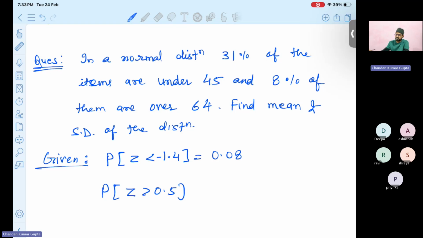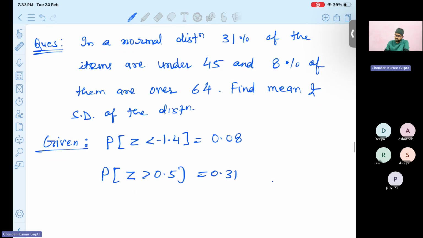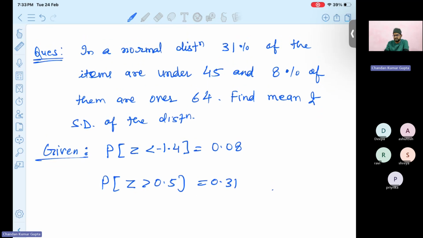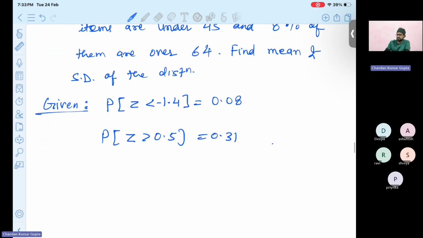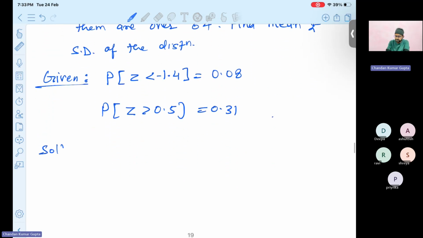I have written them directly here. Both are given in the question. So we need to find the mean and variance. It's a simple question because we have two conditions, two equations, and two unknown parameter values. So let's solve this.